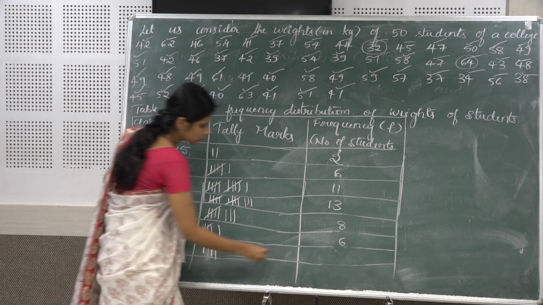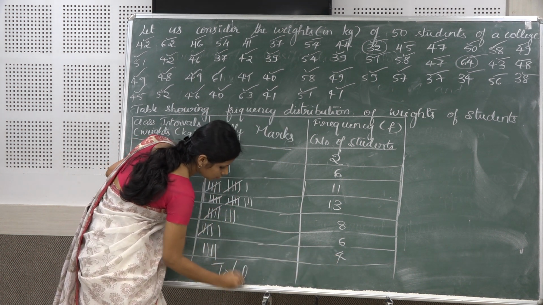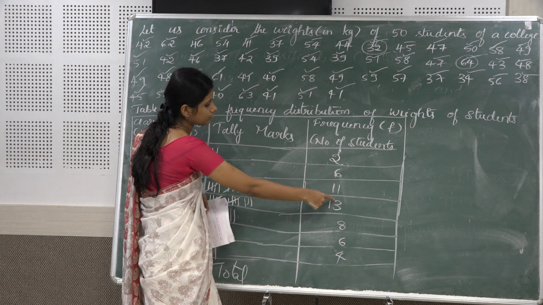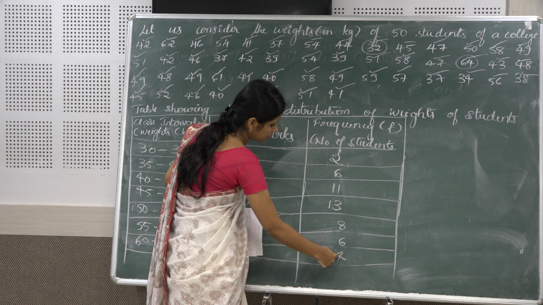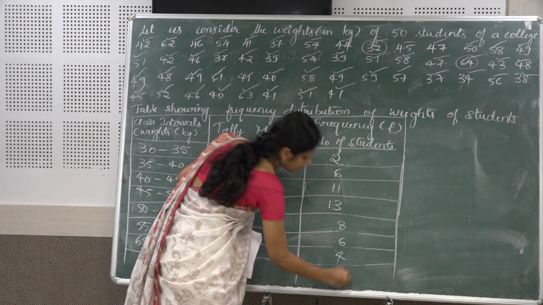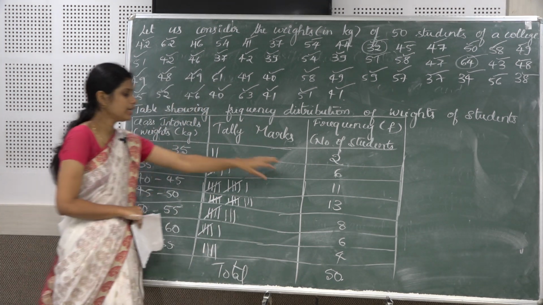And lastly 60 to 65, 4 students. Now we will make the total. Total of all these values will be 50. When you add all the values it will be 50.